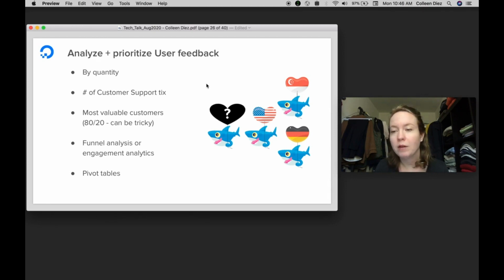This is a great way of using quantitative data for that. And then I've also listed here pivot tables, which you can use in Excel or different spreadsheets. Because I think sometimes folks forget that, especially if they're newer to data analysis, they're not as aware that they can slice or segment data in a way that shows them more meaning.